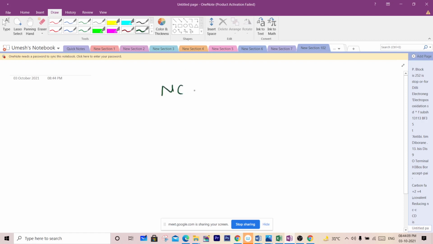Similarly, if I talk about this molecule, in place of the hydrogen I'm putting a methyl, it will also be tetrahedral. Same geometry, same shape.